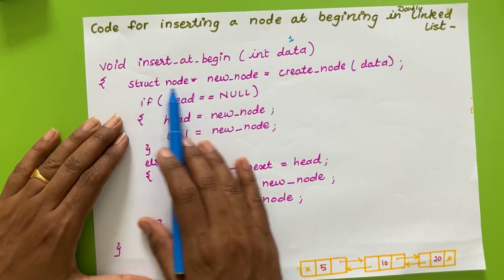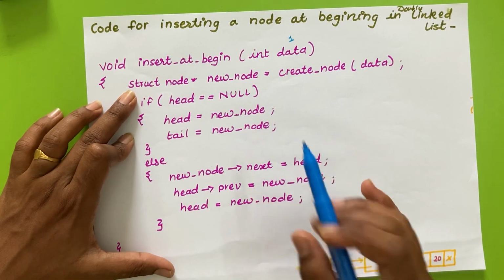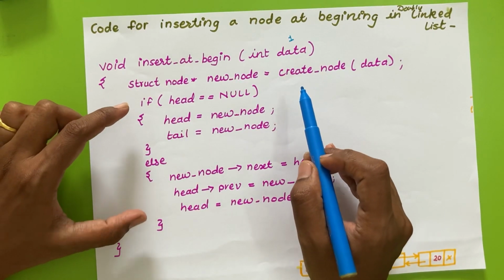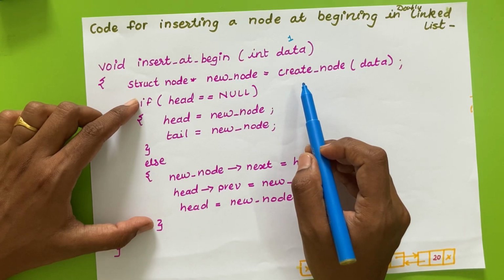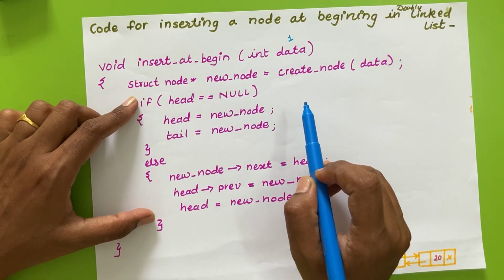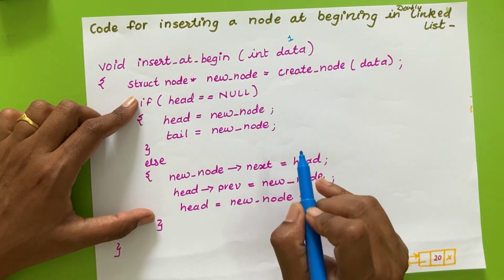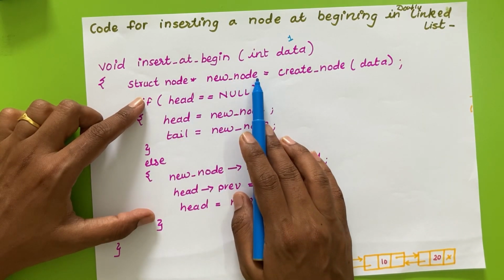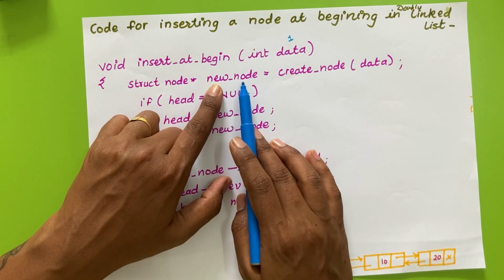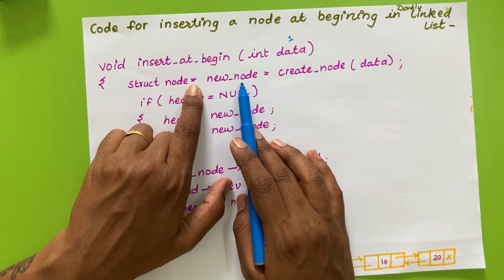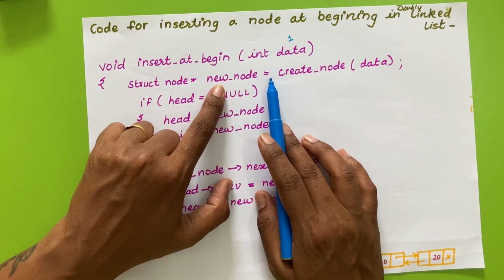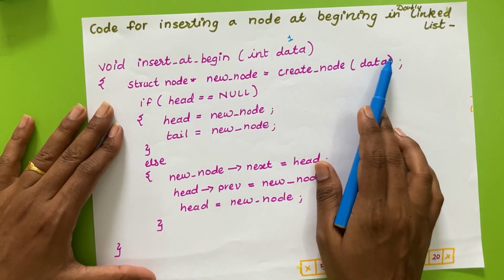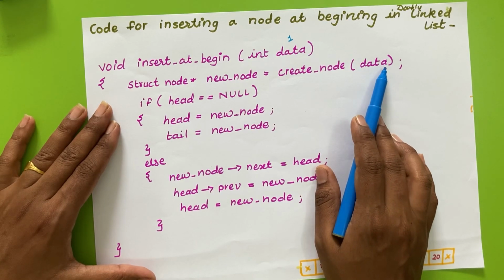So first, what should we do? First we have the code for creation of a node that we have learned in the last video. The link is in the description box if you want to go through that video. So struct node star new node. I have created one pointer of the node structure, is equal to create node, and it takes the parameter data.